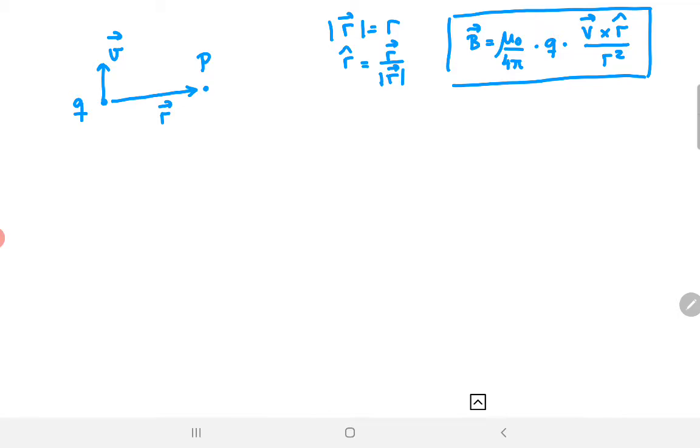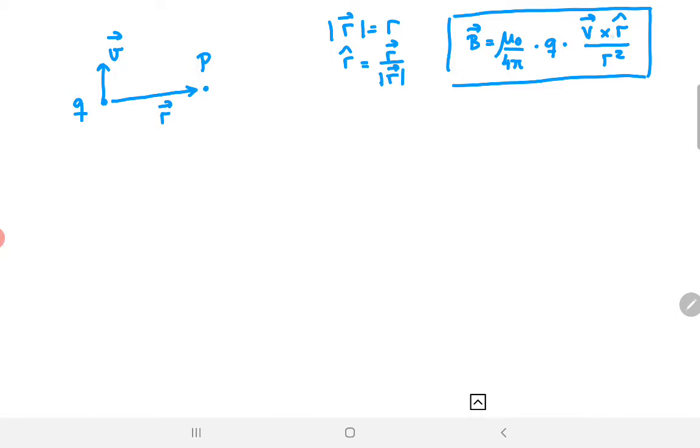Let's discuss in this picture what would be the direction of this magnetic field at this point P. To get this, we need to discuss what is going to be the direction of the cross product between the velocity and the unit vector in the direction of r.